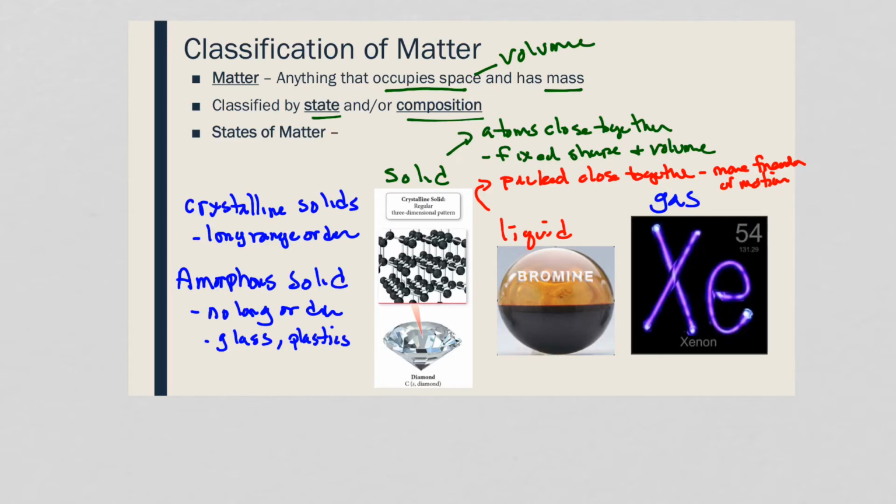And this is what allows liquids to have their different properties, that we say that it has a fixed volume, but a non-fixed shape.